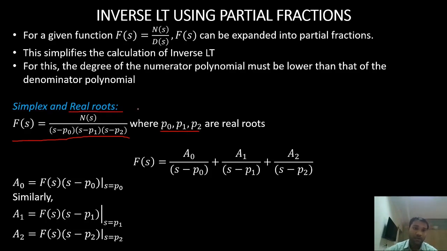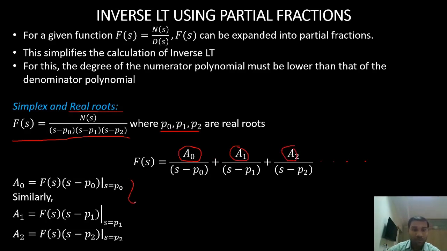I can write it as A0 by s minus p0 plus A1 by s minus p1 plus A2 by s minus p2. However many poles I have, that many terms I will get in my F of s. Now I have to find the values of A0, A1, A2.